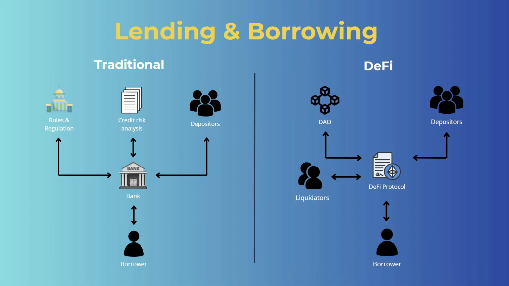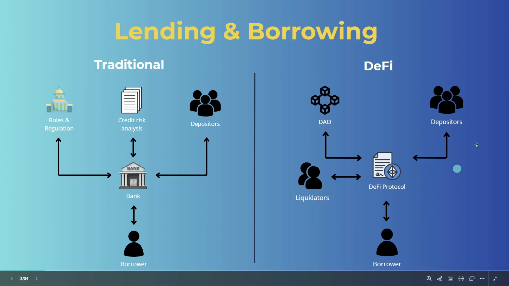Differently from the bank that lends its own money, here the DeFi protocol does not have any money. It allows the match between people that are lending and people that are borrowing.